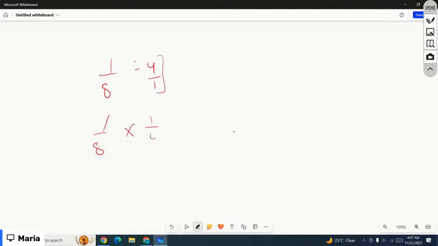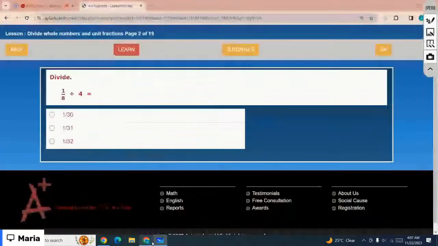So the reciprocal is 1 over 4. So it is 1 times 1, and 8 times 4 is 32. So that is 1 over 32. The correct option is 1 over 32.